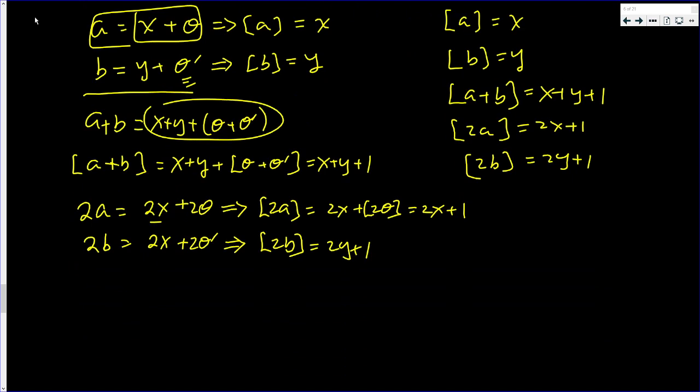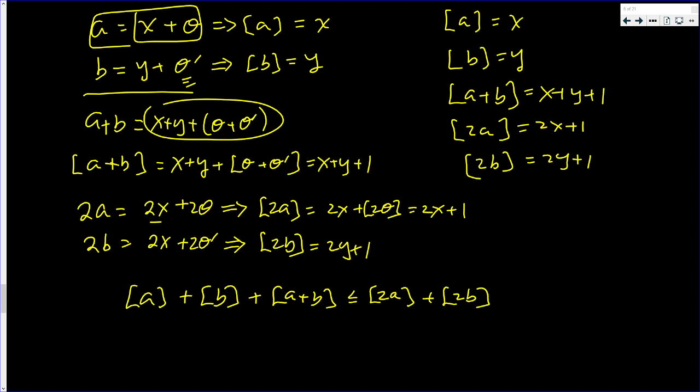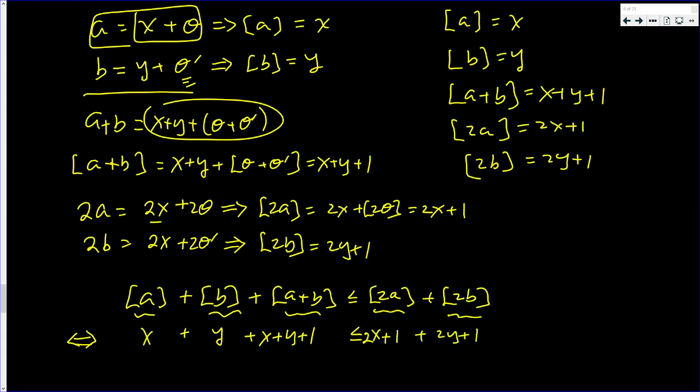Okay, so now the greatest integer of a plus the greatest integer of b plus the greatest integer of the sum is less than or equal to the greatest integer of 2a plus the greatest integer of 2b if and only if this, which is x, plus that, which is y, plus that, which is x plus y plus 1, is less than this, which is 2x plus 1, plus that, which is 2y plus 1.